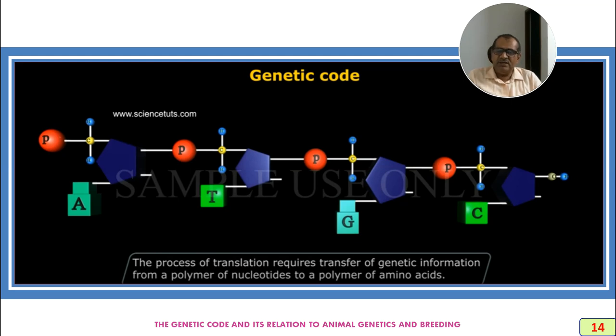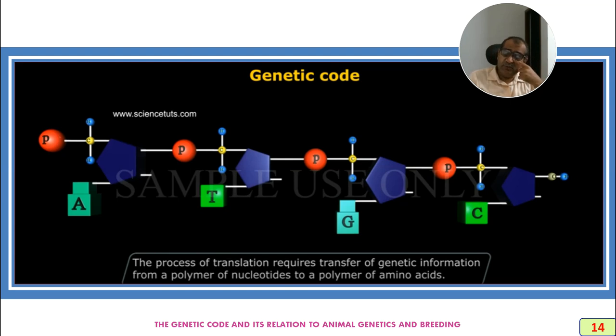So here the translation requires the transfer of genetic information in the form of adenine, thymine, guanine, and cytosine, whereas this is later converted to the RNA: adenine, uracil, guanine, and cytosine.